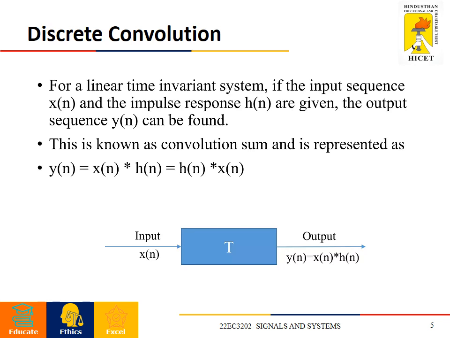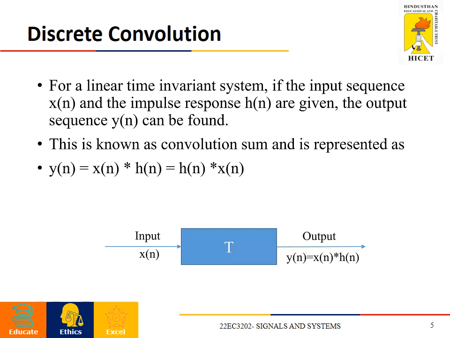The next is discrete convolution. For a linear time invariant system, if the input sequence x of n and impulse response h of n are given, the output sequence y of n can be formed.